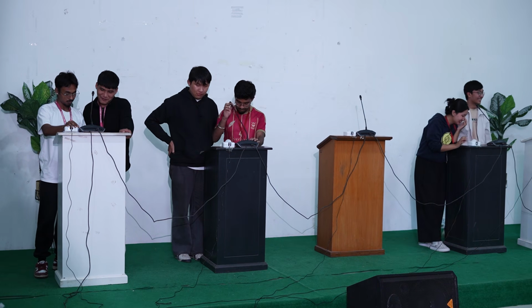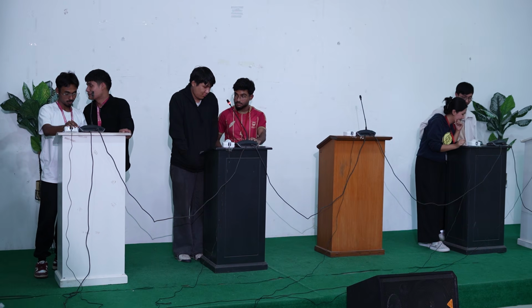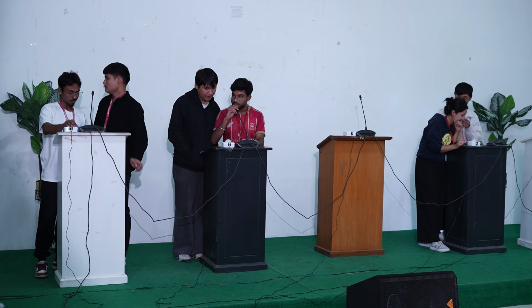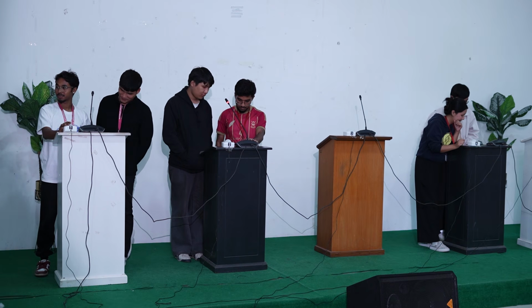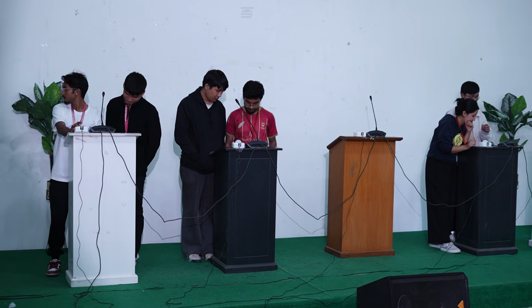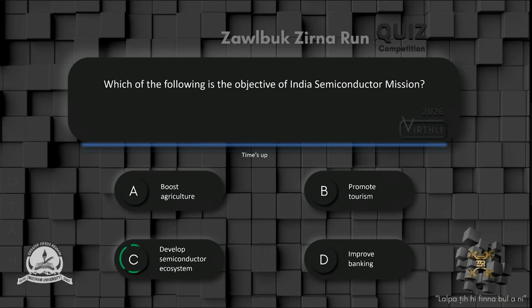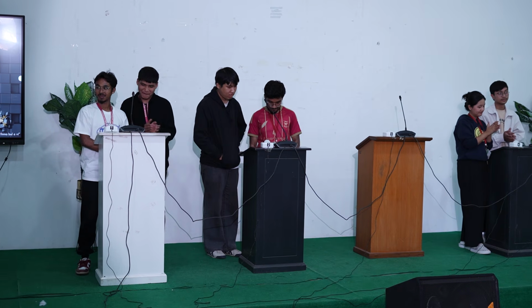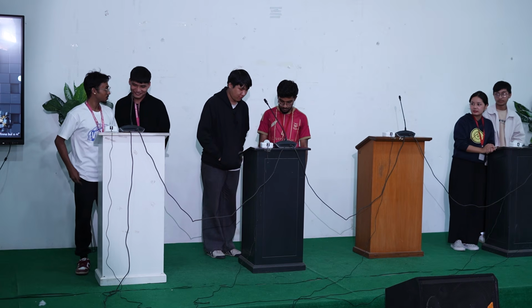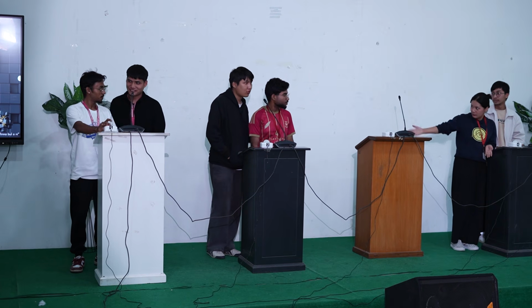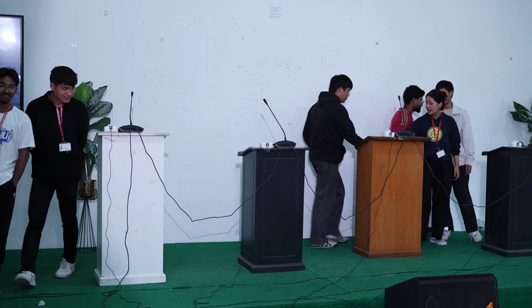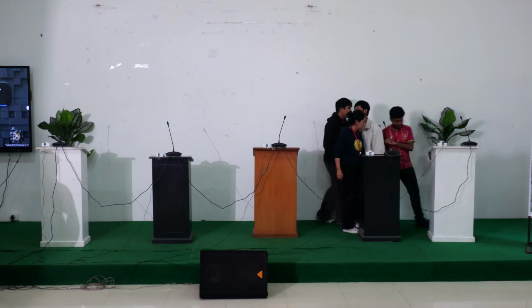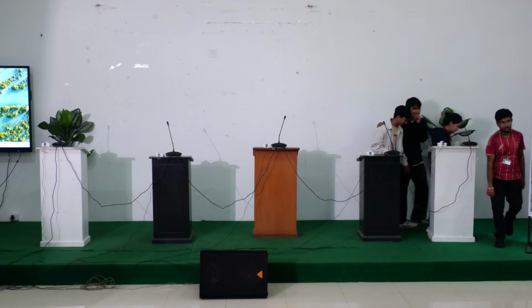Option C. Repeat. Option C. Option C is their answer. Okay, congratulations. Now we have our top 5. And our top 5 are Team 6, Team 3, Team 8, Team 15, and Team 12.